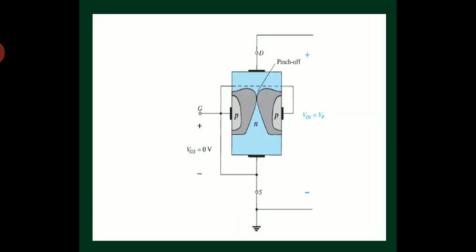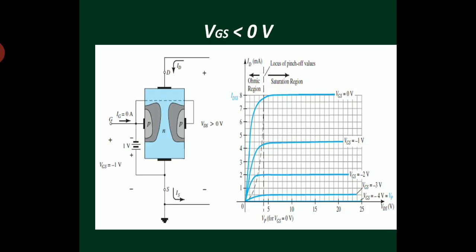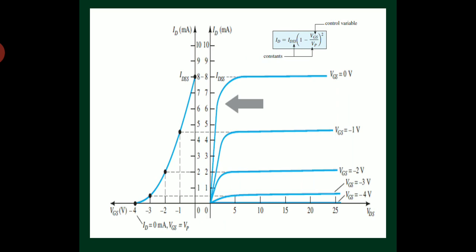Let us draw the transfer characteristics from the drain characteristics by using the formula ID equal to IDSS into (1 minus VGS by VP) whole square. The transfer characteristics are obtained by this equation, which is called the Shockley equation.